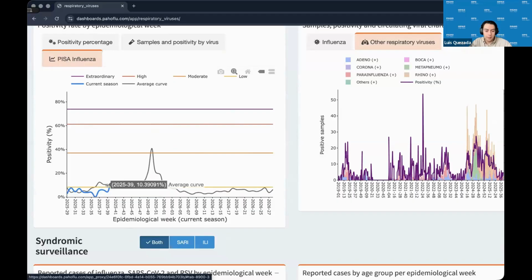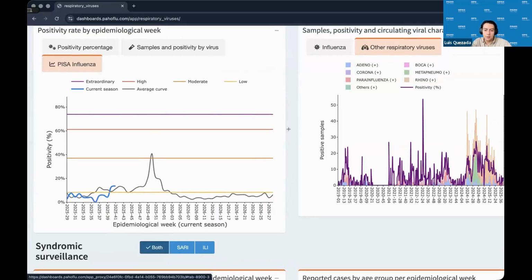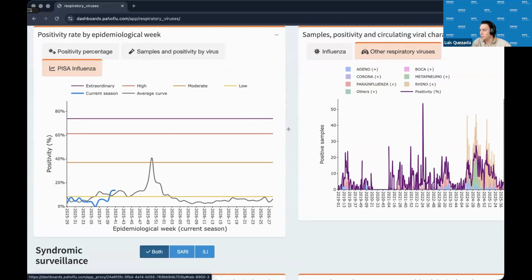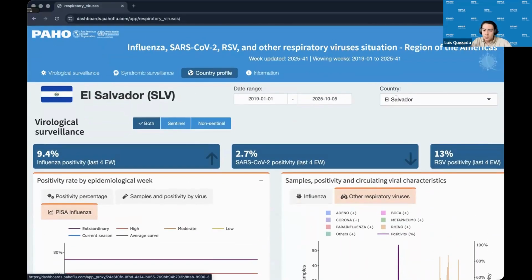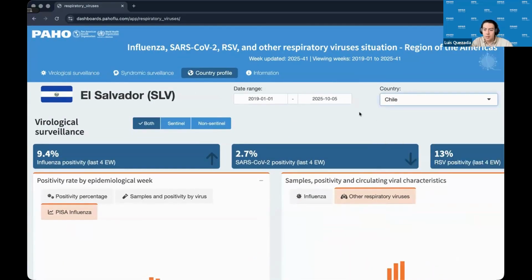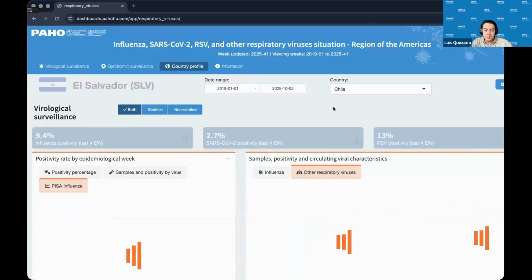We're going to be able to see that El Salvador has surpassed the yellow level and currently is having an ascending trend. I think that the average curve enables us to see the usual behavior, and from then onward, we could do an analysis according to the situation of the country. Actually, that level is to be expected for this season of the year.